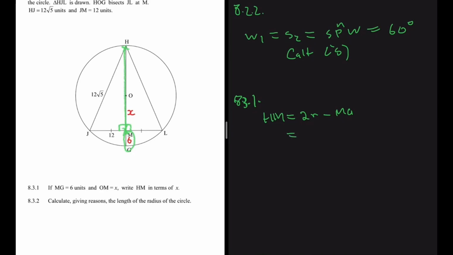But what is the radius? We have OH as the radius, right? But then OG is also a radius. So let's write the radius in terms of OG. If we write the radius in terms of OG, it will be X plus 6, right? From here at O to M and from M to G. It will be X plus 6.